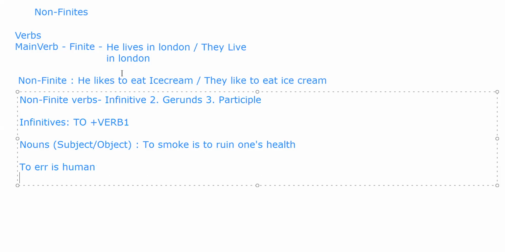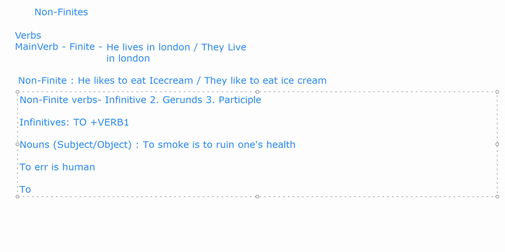Or to eat healthy food is a sign of a healthy body. So in all the sentences, we can see that to smoke, to err, to eat are being treated as the subject of the sentence, and hence they are treated as a noun overall.